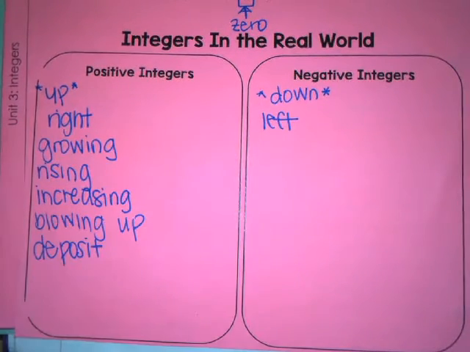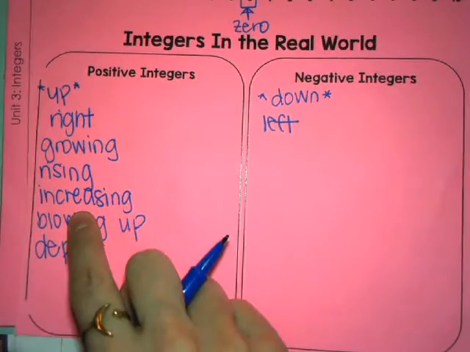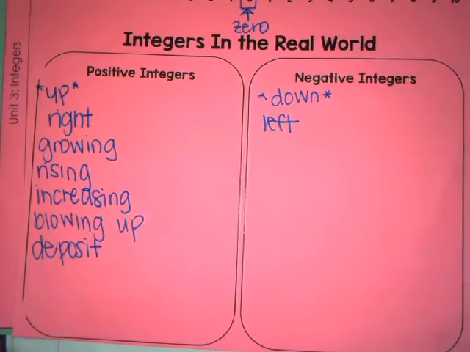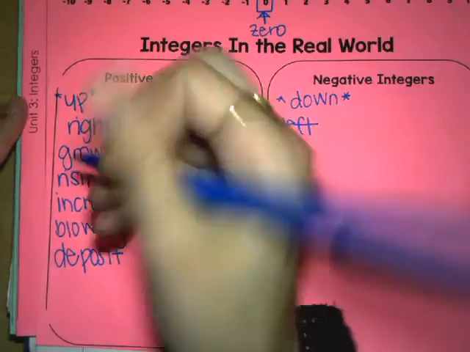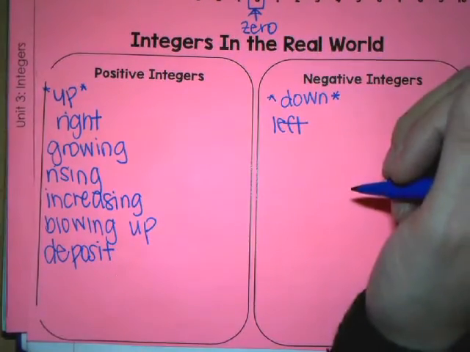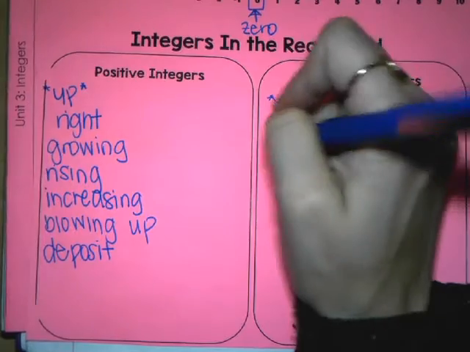Climbing, well, climbing could be either direction. We can't just say climbing. This one? No, the one above. Rising. Looks like an M. Rising. Okay. What about negative? Going down. Falling.